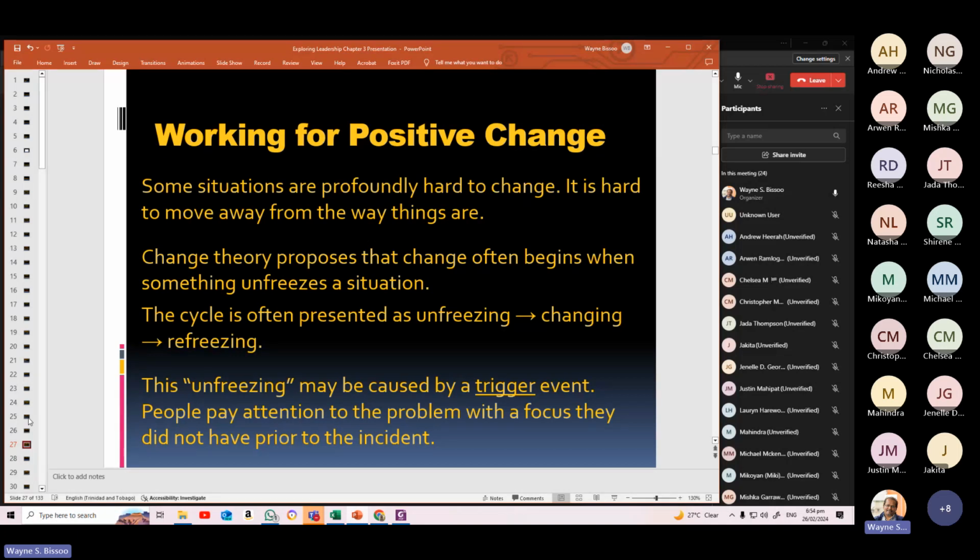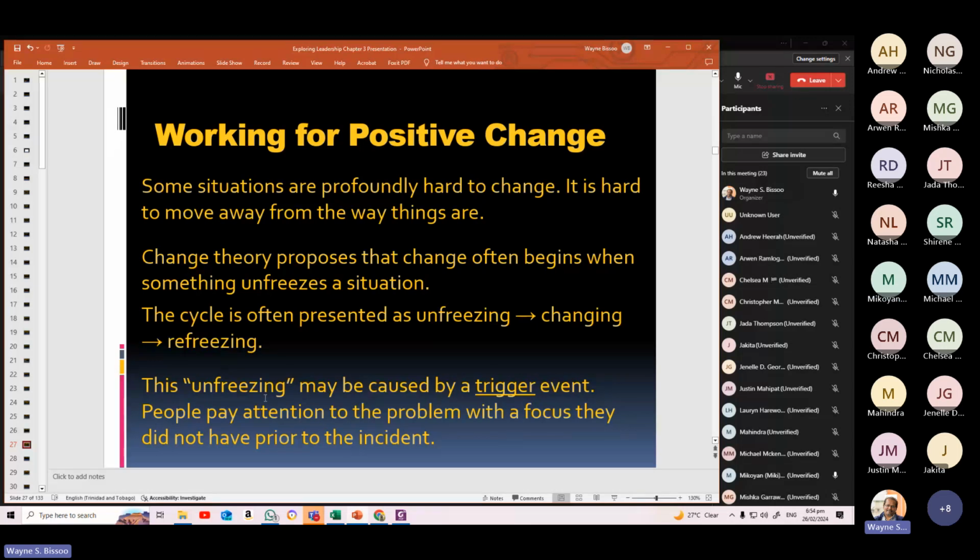And when we are told we have to change, the first response tends to be resistance. Breaking down that resistance is what they refer to as unfreezing. So in change theory, you unfreeze a situation, make the change, and then freeze it back. Now, that unfreezing has to be caused by something.